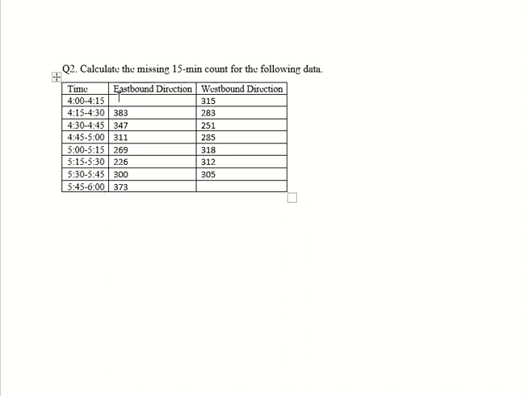Now you can see there's still one value missing here and one value missing here. So how do we fill in these values? I explained in the class as well. You take the immediate value, which is 383, minus the next value, which is 347, plus the immediate value again. This will give the solution.